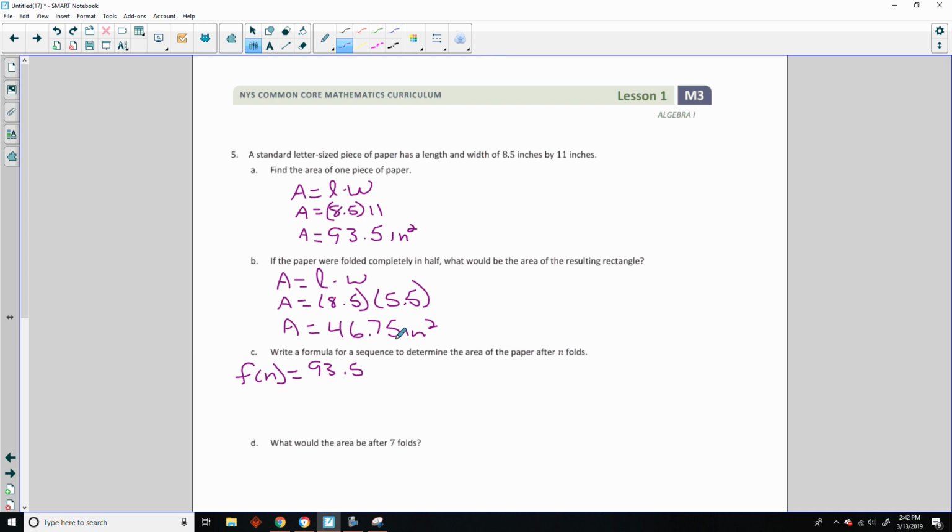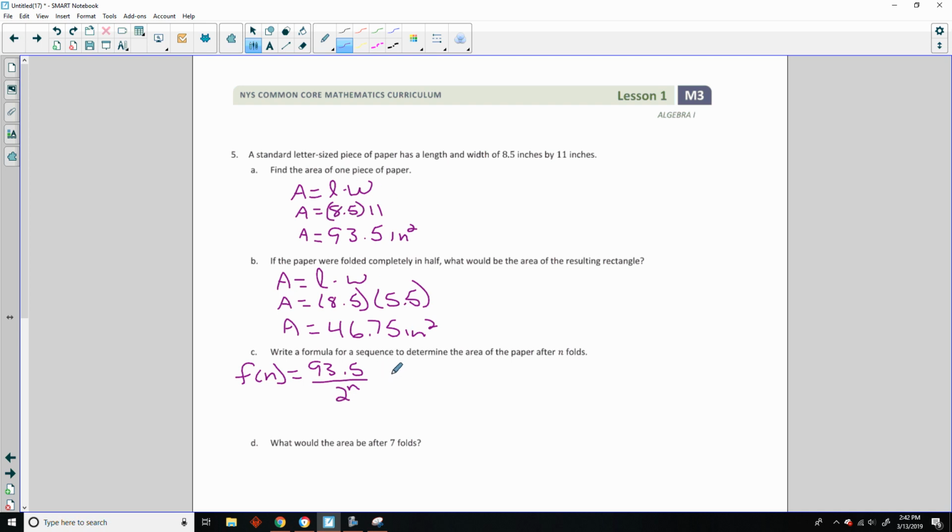Well, we divided it by 2 to get this piece, but if we divide it by 2 again, that's dividing by 2 divided by 2, or divided by 2 squared. So what we're really doing is dividing by multiples of 2. So I'm going to say 2 to the n. My first term is 93.5 divided by 2. If I fold it a second time, it would be 93.5 divided by 4, because that's a quarter of the paper. You get the idea?